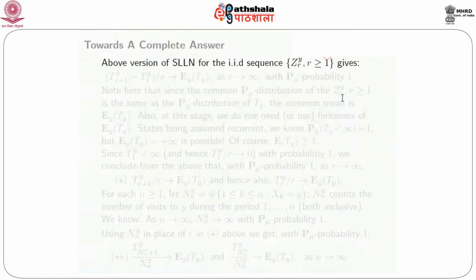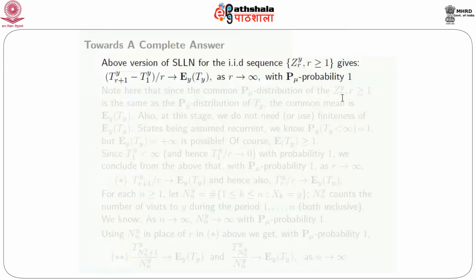So we now use this particular version of strong law of large numbers for the IID sequence, as I said, z1y, z2y, etc. And what we get: the sum of z1y, etc., up to zry, that partial sum actually becomes nothing but tr plus 1y minus t1y. You can see that from the definition of the z1y, z2y, zry.